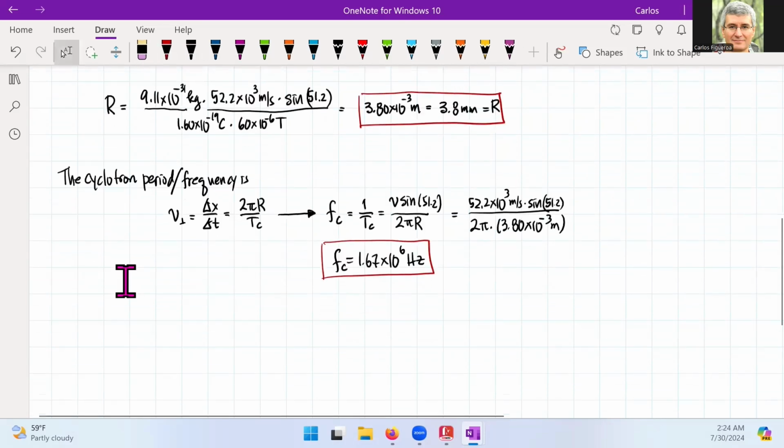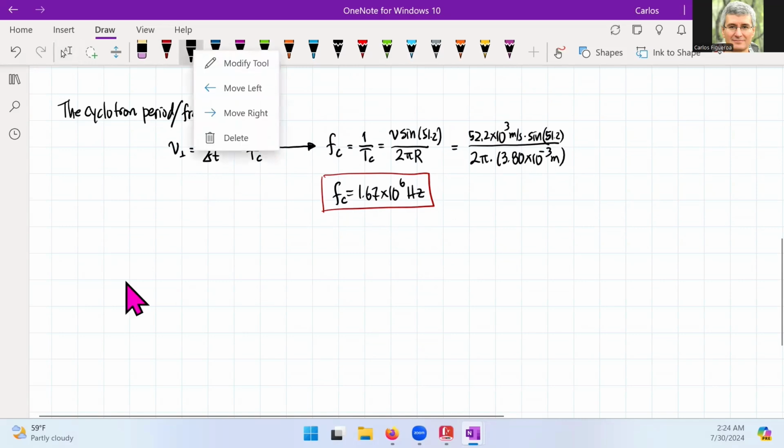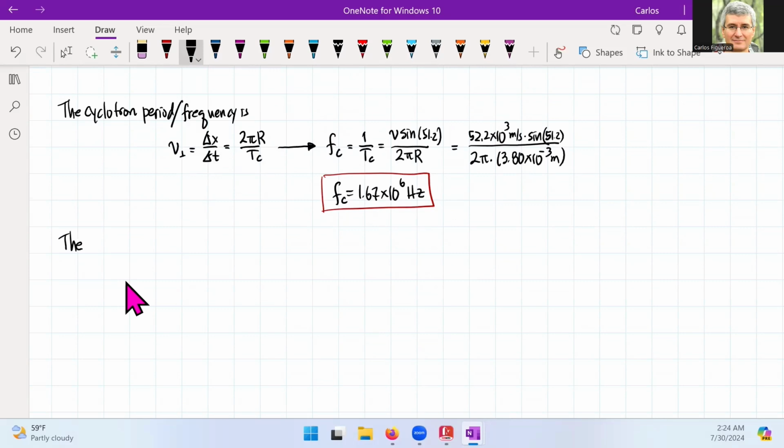So finally, the last parameter is the pitch. The x pitch is the repeat distance of the trajectory.